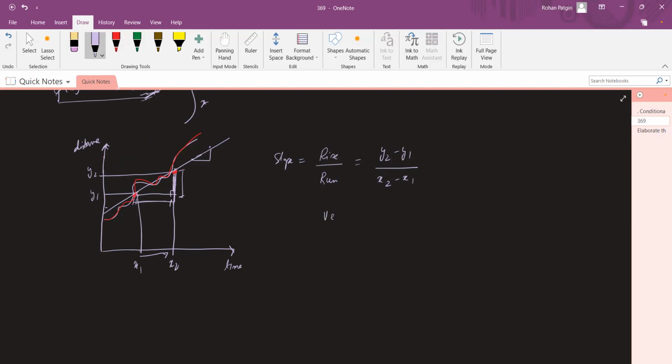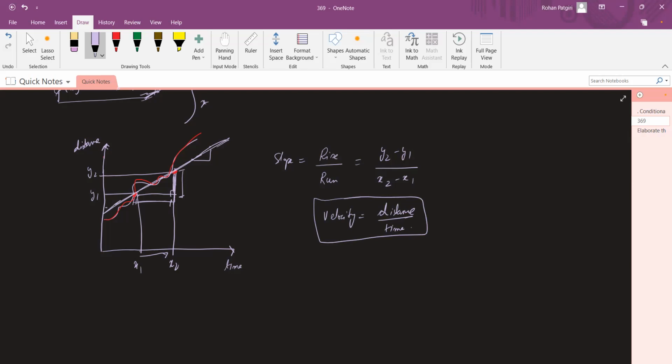What is the definition of velocity? Velocity is distance divided by time, isn't it? Do you remember this formula? Yeah, I remember.